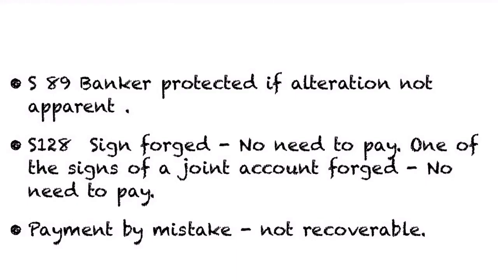It's very clear: the alteration must not be identifiable by a trained eye. We bankers have a trained eye, we come across hundreds of checks every day. So if we can't identify that alteration by a trained eye, we don't need to bother about it.